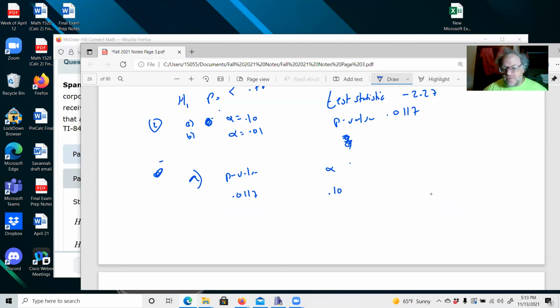P-value is less than alpha. So since it's an unusual event, because it's falling below our standard to call it unusual, in their case, 10% is unusual. We are less than 10%. So since our p-value is less than alpha, we say, oh, that's unusual.